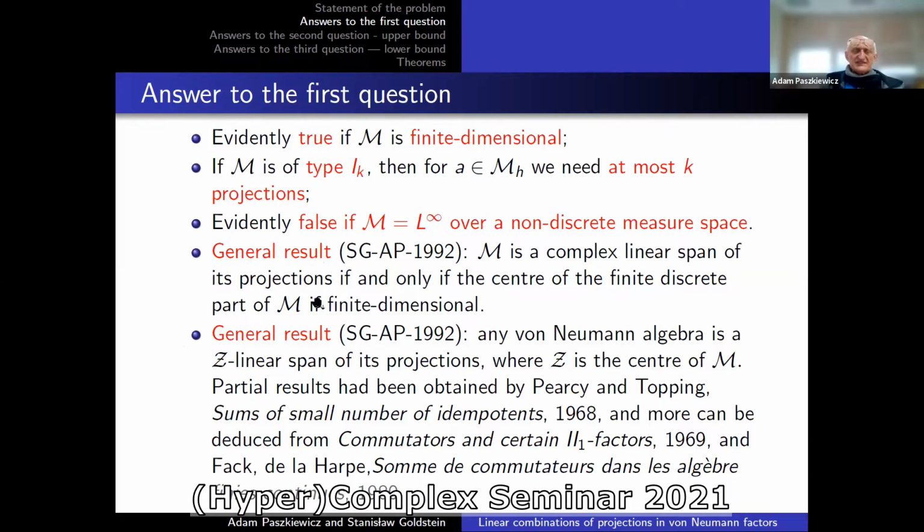The first question is eventually true when M is finite dimensional. And also, if I take all operators in a finite k-dimensional Hilbert space, it's just this second case, then we also have a possibility of representing any operator using just k projections.